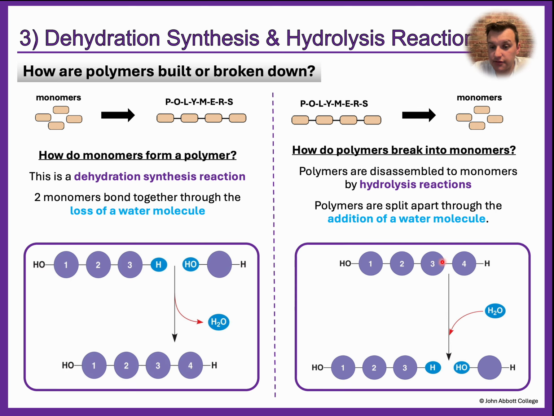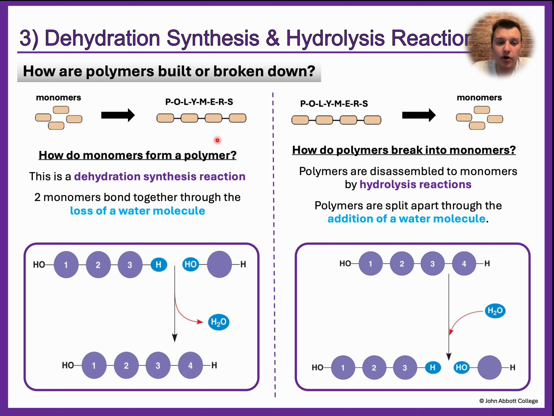Here, 1, 2, 3, 4, right? There are 4 little monomers in this big polymer. And we introduce a water molecule into this bond here, and it will lyse the molecule into 2. Do you see how here we created a water molecule, and here we need to introduce a water molecule into the molecule to lyse it, right?